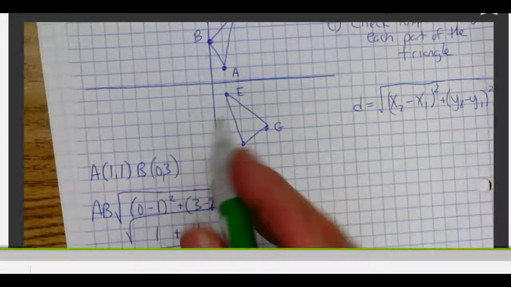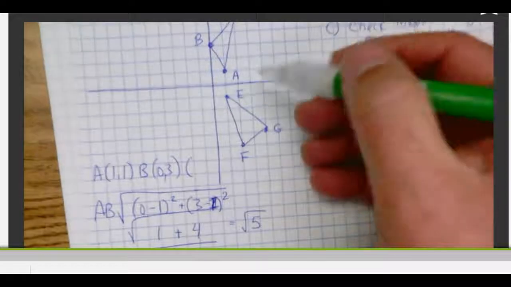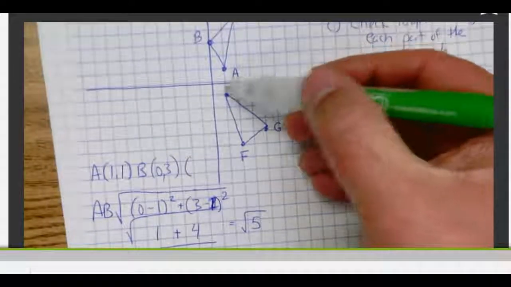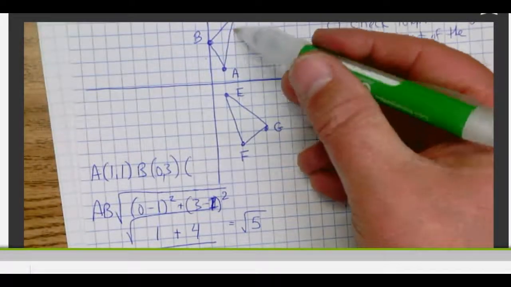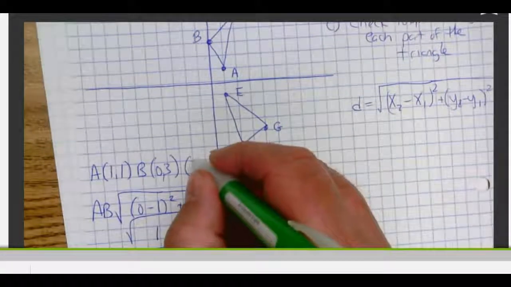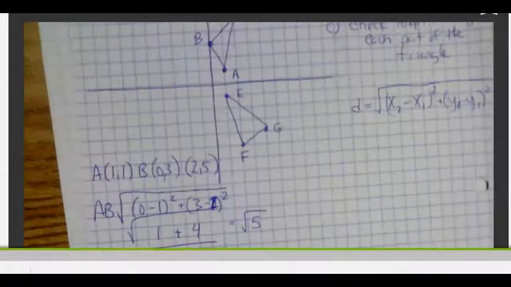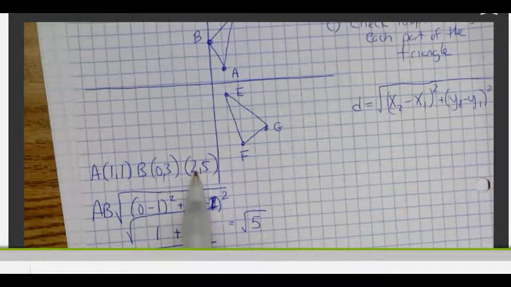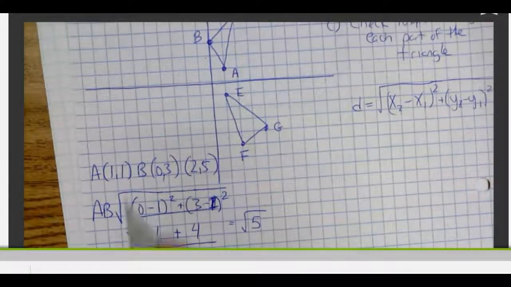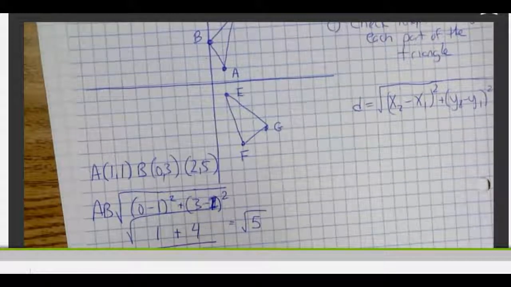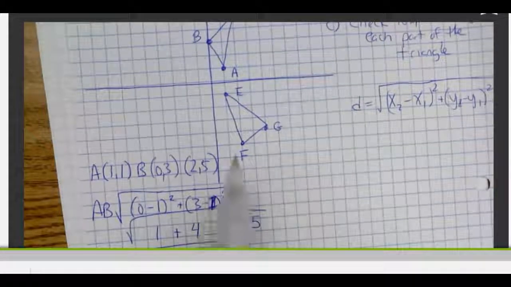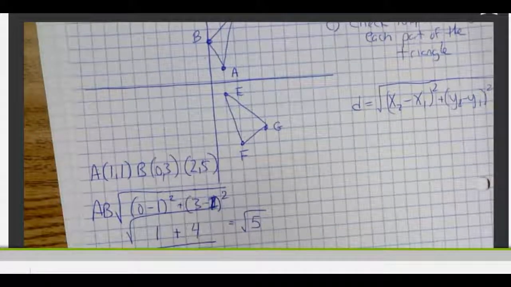Then we do the next one, B and C. B we already have. C, if we look at the graph, is (2, 5). That's its coordinates. Then we'll do the x again, comparing it to B. So 2 minus 0 squared, add that to the y's, 5 minus 3 squared.